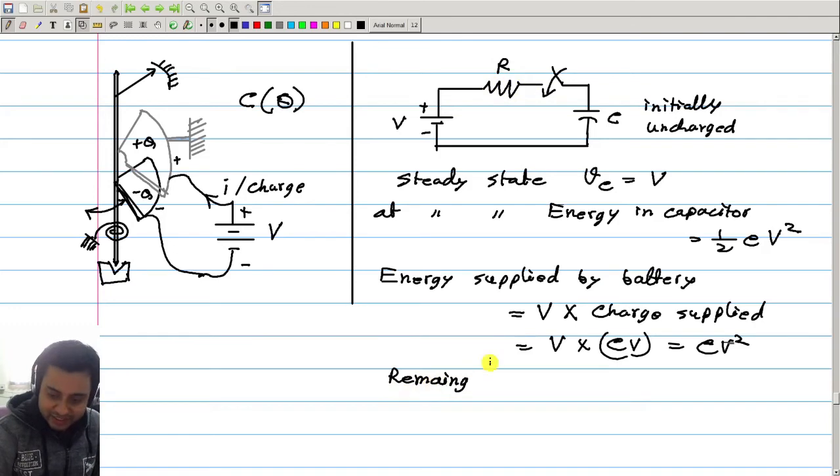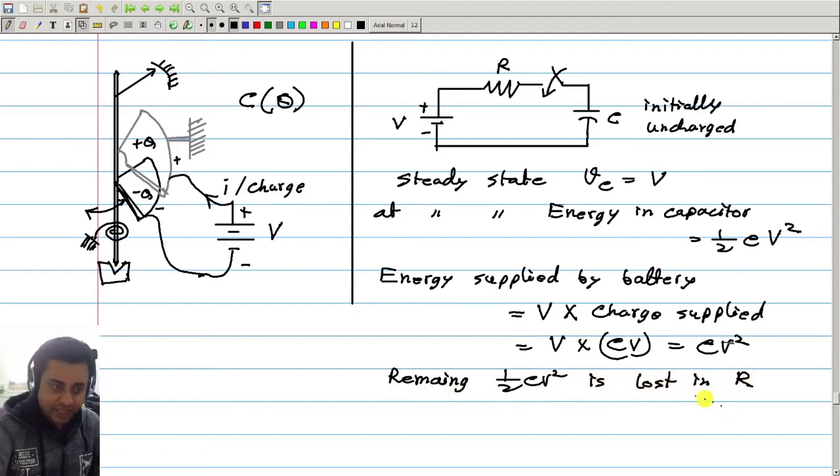Okay. So in this case, the remaining half CV square is lost in resistance R. And this you can verify exactly by writing differential equations for how current changes. We studied this in our previous course a bit.